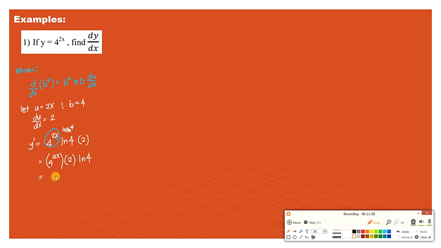And according sa rule or law ng logarithm, pag mayroong number sa katabi ng logarithm, pwedeng gawing exponent. Kaya yan ay equal din kay 4 raised to 2x times ln of 16. Kung hindi pa gagamitin ng calculator, yan yung magiging final answer. Pero sa calculator, pwedeng isolve ninyo yung value ni ln 16.